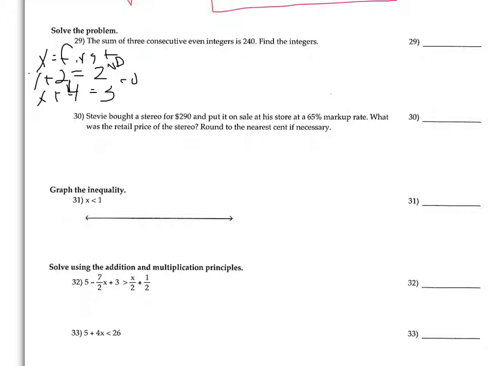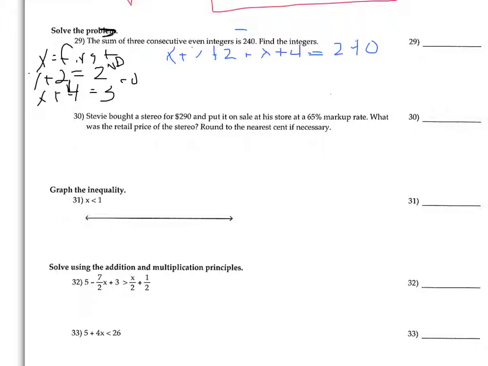So just like if we had the first one is 6, we plug 6 into the first one, 6 into the second one, we have 6 plus 2 is 8, and then the last one would be 10. So the sum means we're adding these things together. So the sum of 3 consecutive even integers is going to be nothing more than x plus x plus 2 plus x plus 4, and is means equals, so equals 240.